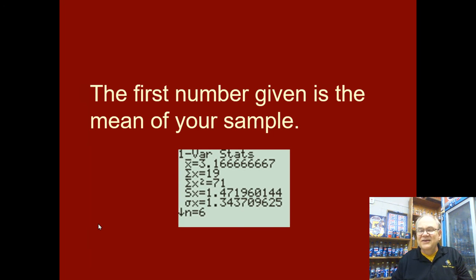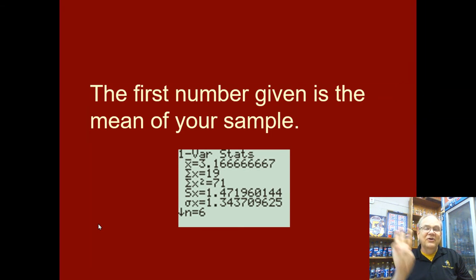Now, again, that's a different answer than I got with what I computed by hand. That's because the numbers in the calculator, it was the 4 that repeated, but the ones I did by hand, it was the 2 that repeated. And so you do end up with a little bit different answer when you do it that way.